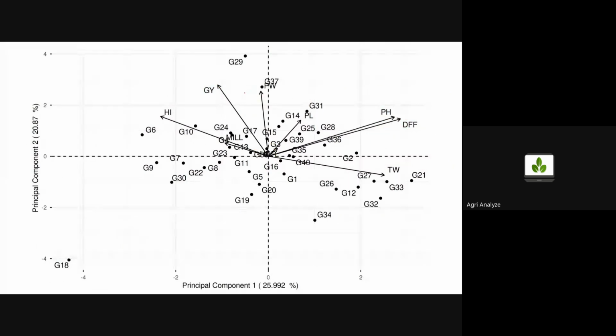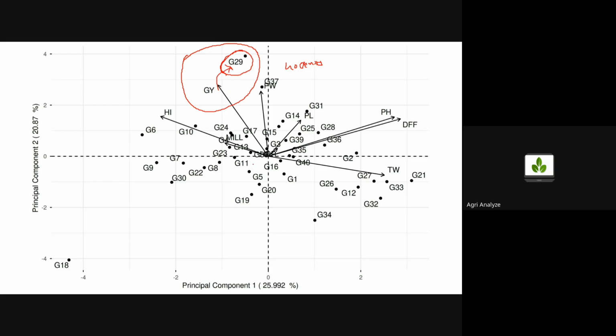And for grain yield, we see that genotype G29 has the highest value for grain yield. It means this genotype shows the highest grain yield among our 40 genotypes. There is a same-direction relationship between grain yield and genotype 29.